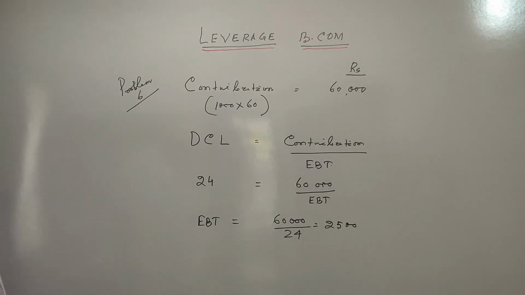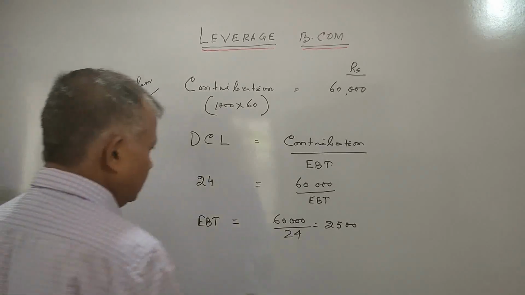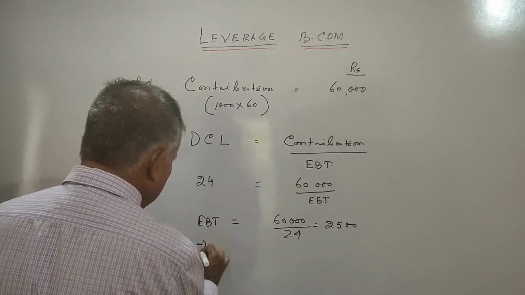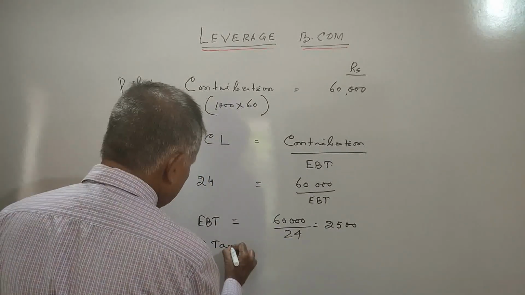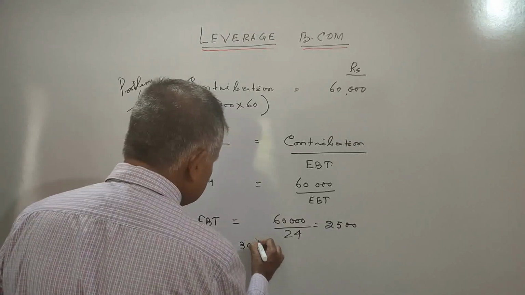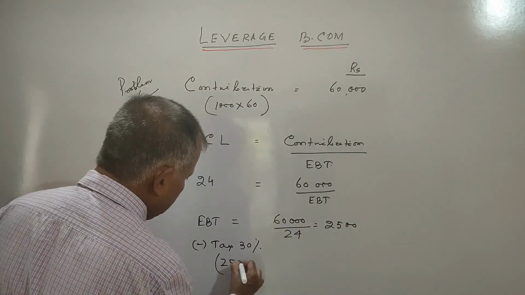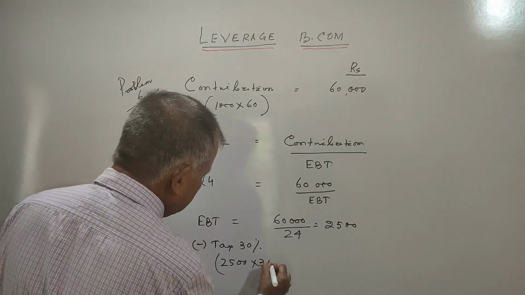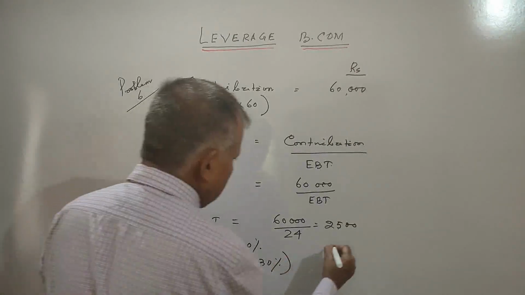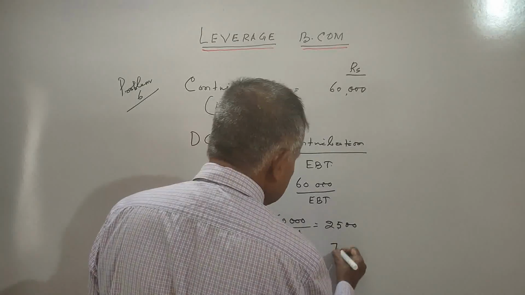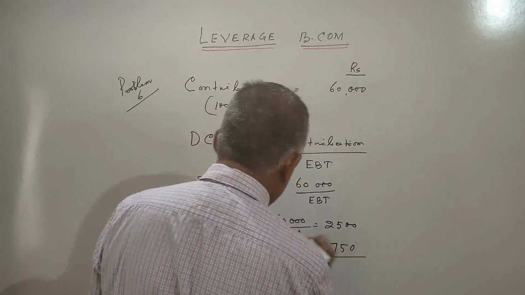If we deduct from EBT the tax of 30%, this is 2,500 into 30%. It comes to 750.